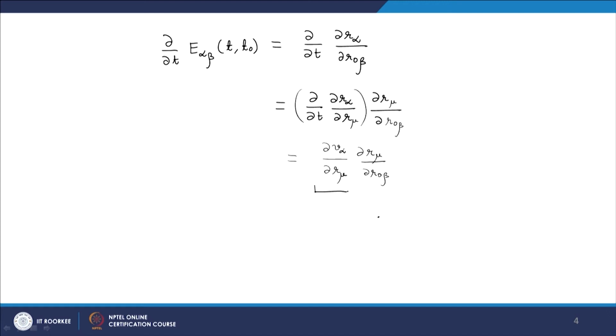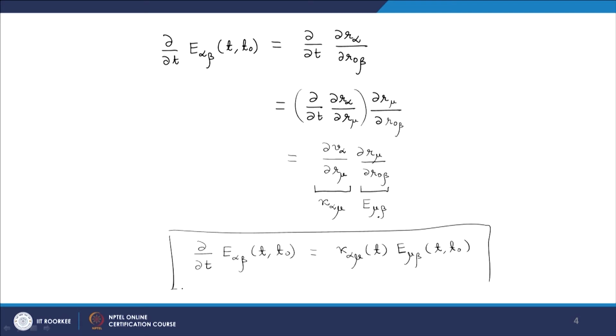Now, the first part of it is by definition my kappa alpha mu, and the second part is again by definition E mu beta, and therefore, we can write dou by dou t of E alpha beta of t and t naught as kappa alpha mu of t times E mu beta of t and t naught.